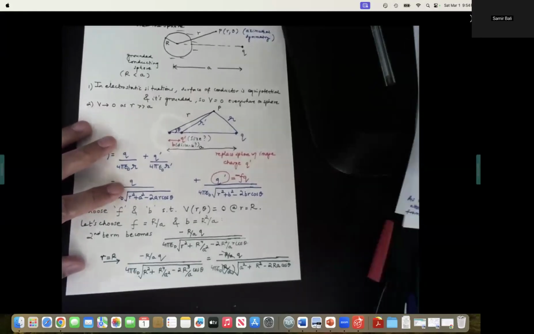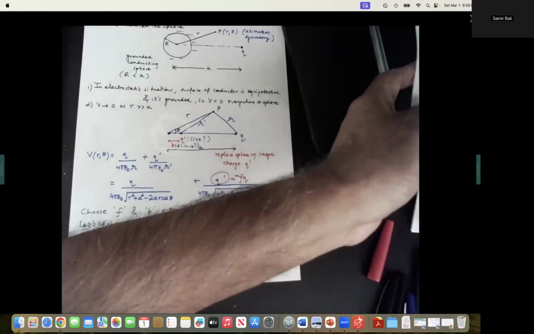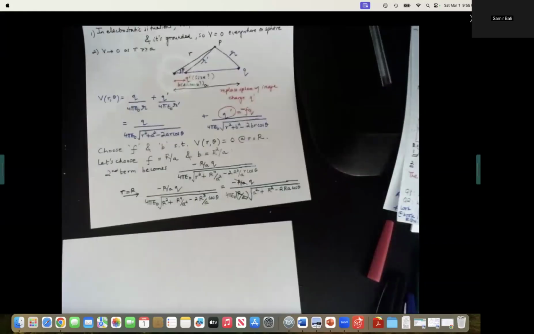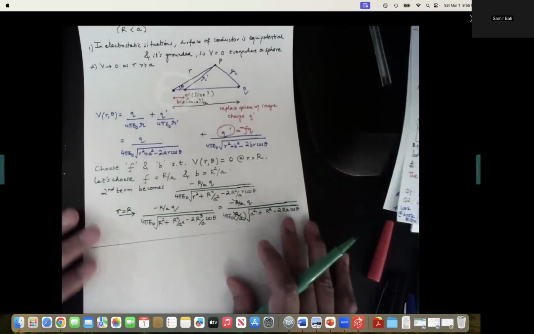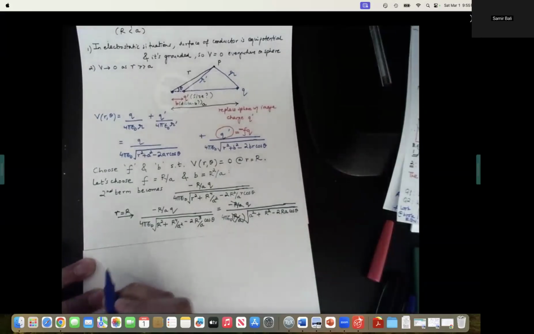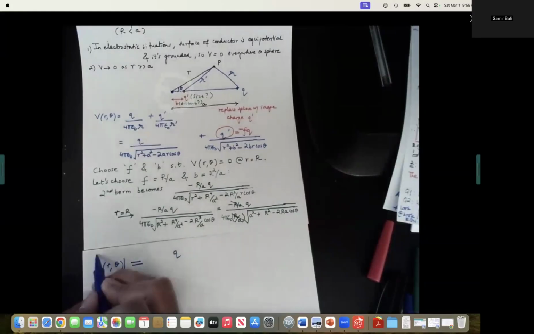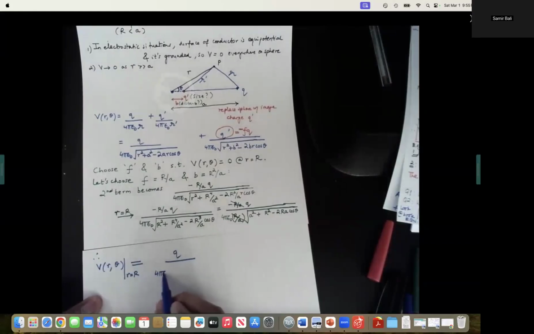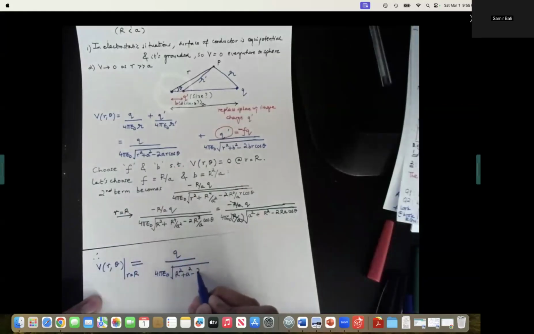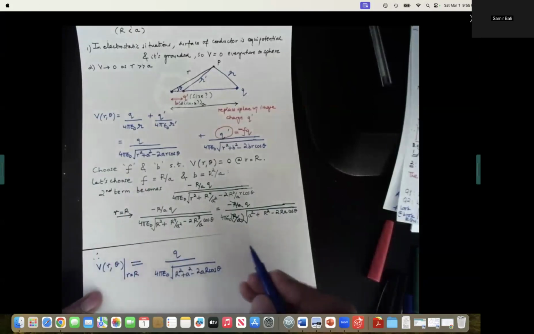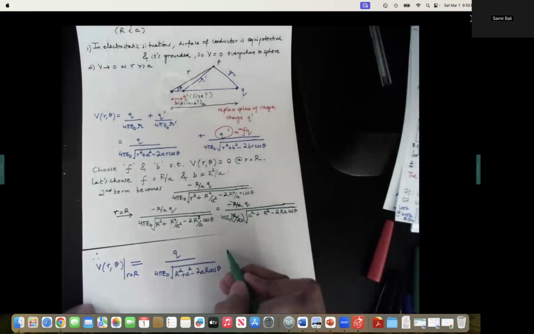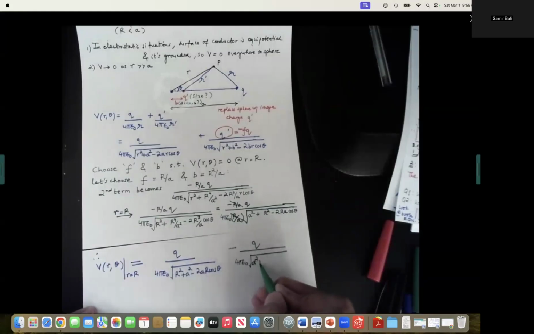And what you notice is what I have left here. Now the second term, well, let me actually at this point write out what V of r, theta is at r equals R. So the first term is, therefore, q divided by 4 pi epsilon naught square root, little r becomes capital R. Okay, and the second term from just above is minus q divided by 4 pi epsilon naught, and I have a squared plus r squared minus 2ra cosine theta.